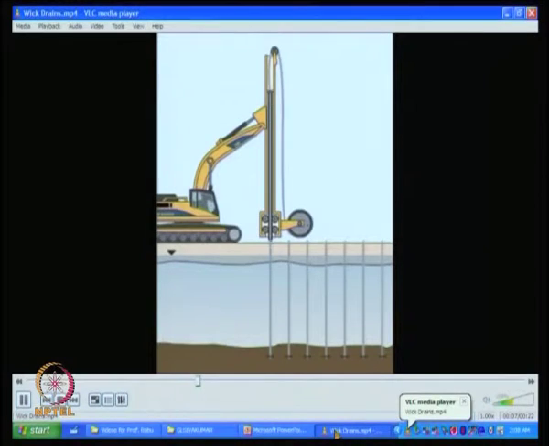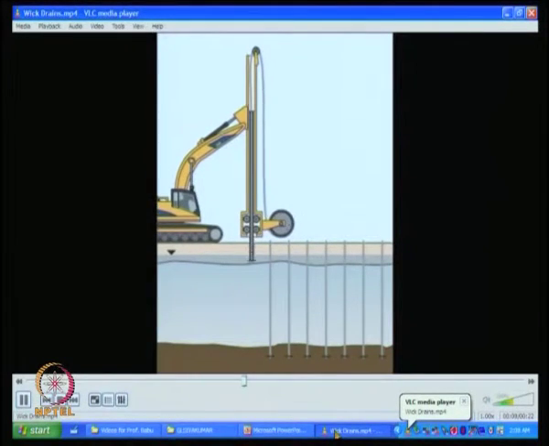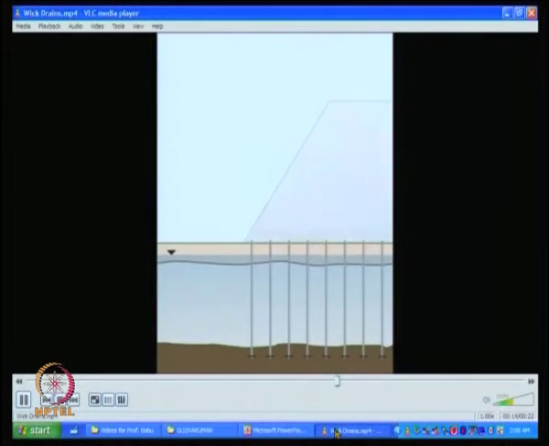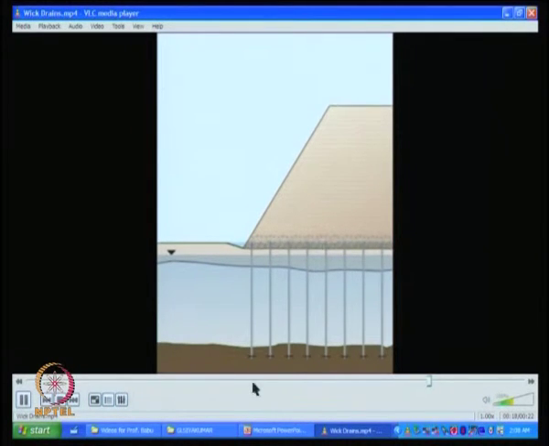This is another one which will give some idea. You have an embankment here, you can see that they are very close.